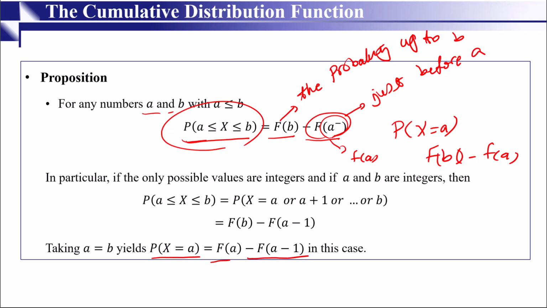And in this case, we can cover x equal to a to b. Setting a equal to b gives probability of x equal to a is equal to probability of A minus probability of A minus 1, the probability of exact A. It's a quick way to compute probabilities.